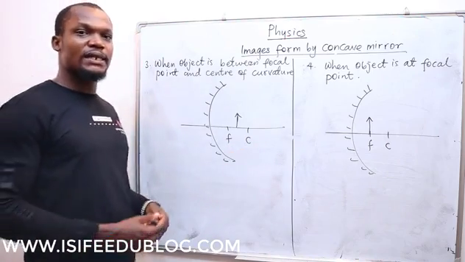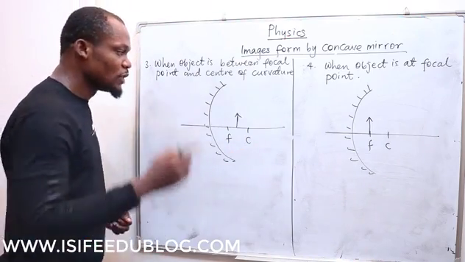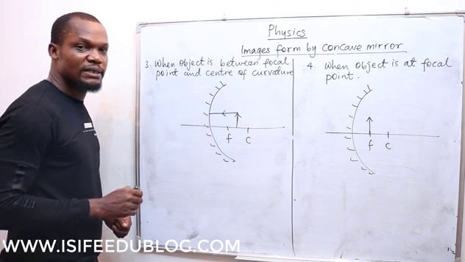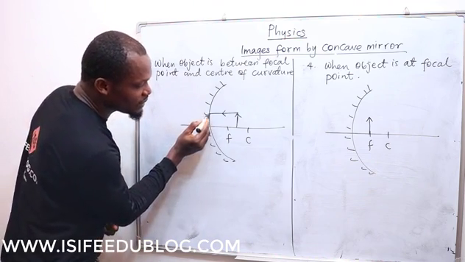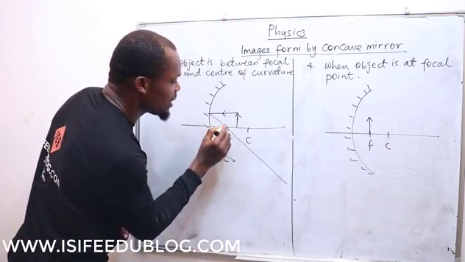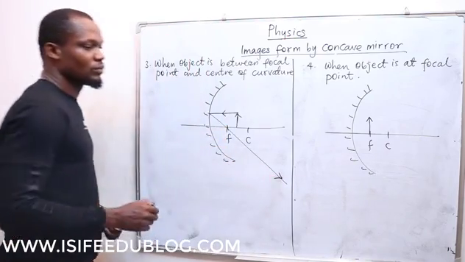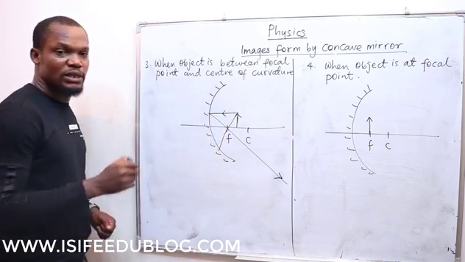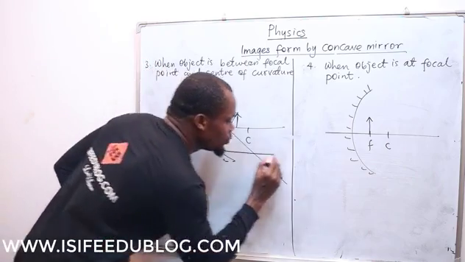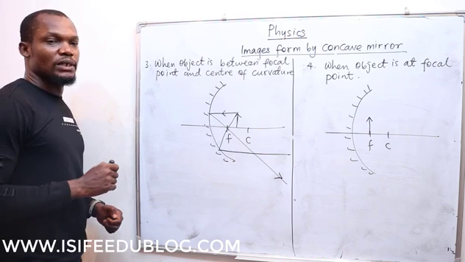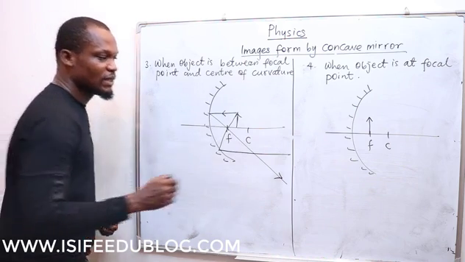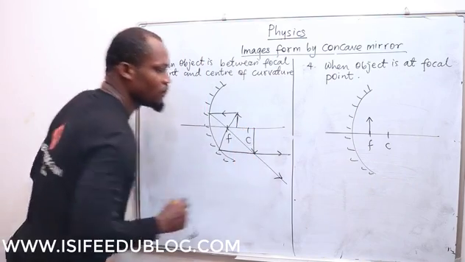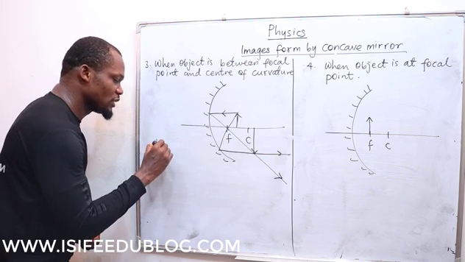So let us take a look at the type of image that is going to be formed again. Number one, we have the ray parallel to the principal axis again. How is it going to reflect? It is going to reflect through the focal point. Secondly, we have a ray that passes through the focal point. How is it going to reflect? It is going to reflect parallel to the principal axis. We can see the point of intersection here, and the image is formed here. And what type of image is formed?